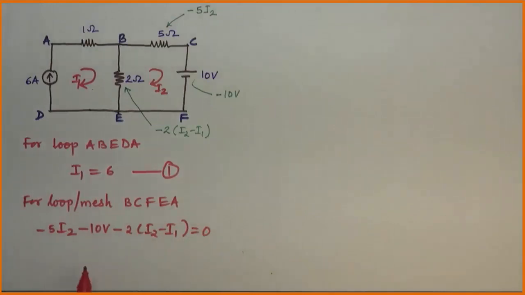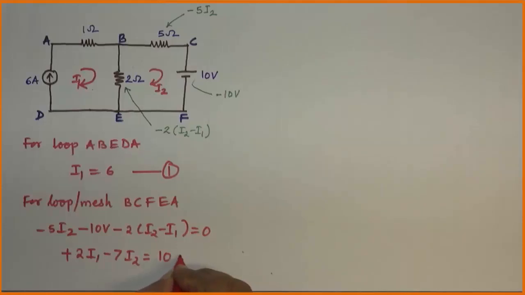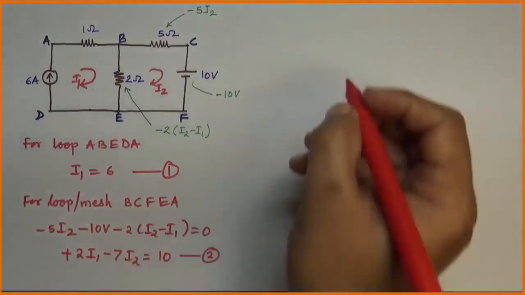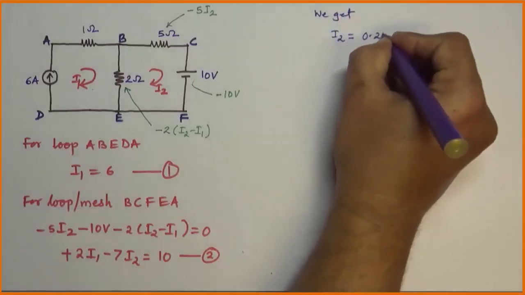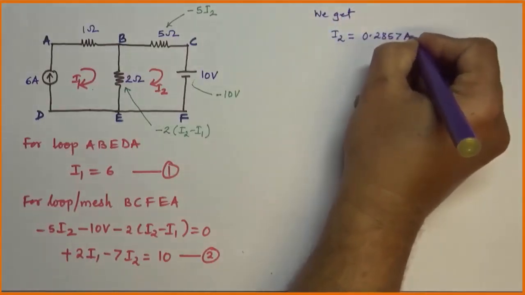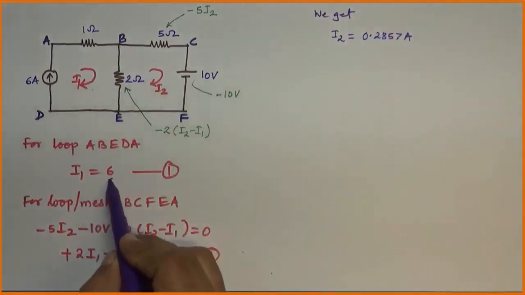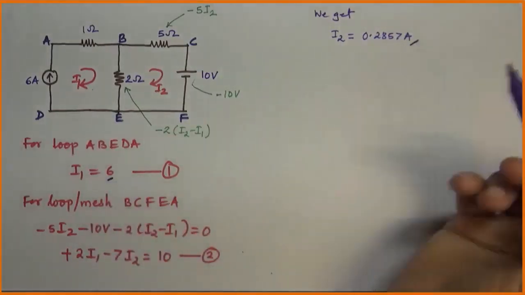So addition of EMF sources and voltage drops is equal to 0. Simplifying equation, we'll get plus 2I1 minus 7I2 is equal to 10. Equation number 2. Now solving equation number 1 and 2, we get I2 is equal to 0.2857 ampere. So we have value of I1, we have value of I2.